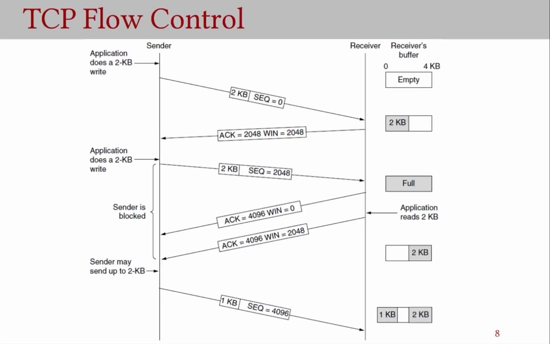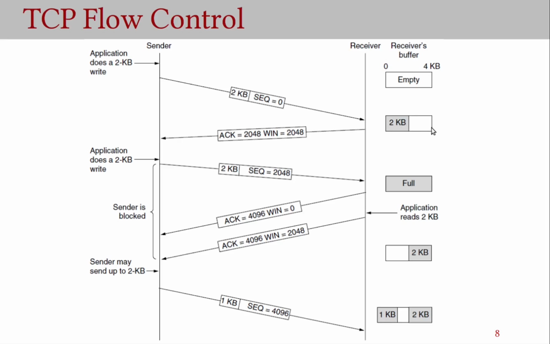Here is an example. A receiver allocates a 4 kilobyte buffer. The sender sends the first segment, 2 kilobytes. Suppose it starts at sequence number 0. Then on the receiver side, 2 kilobytes of this buffer is taken, right?